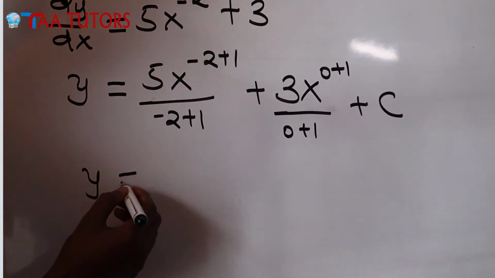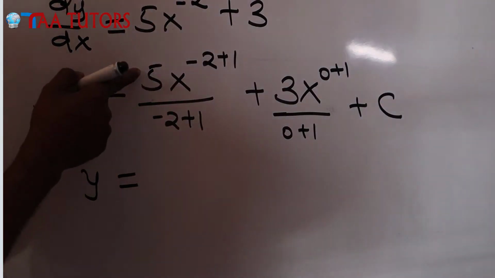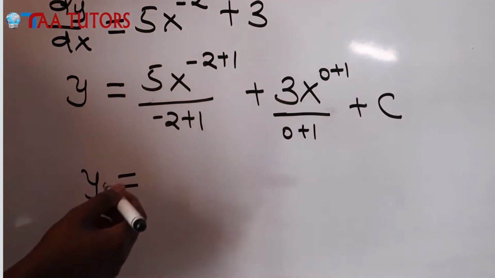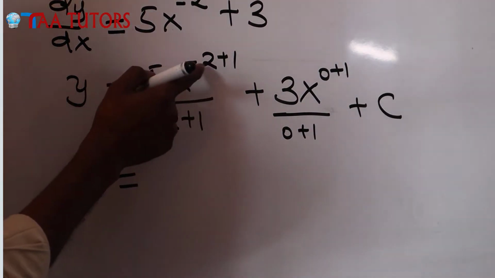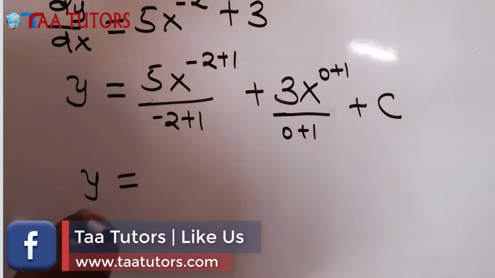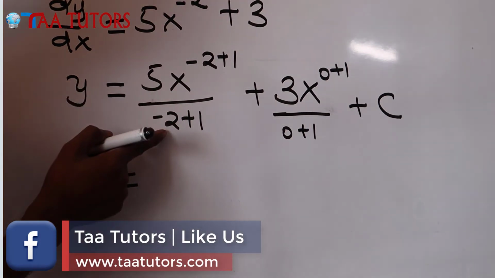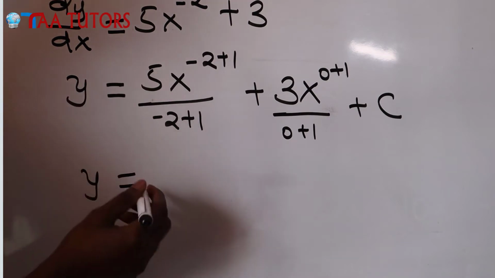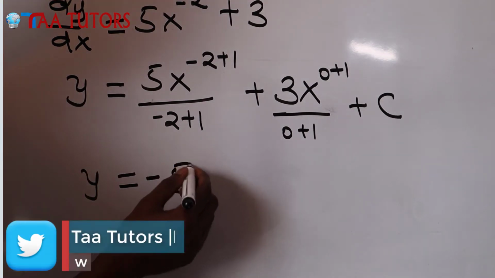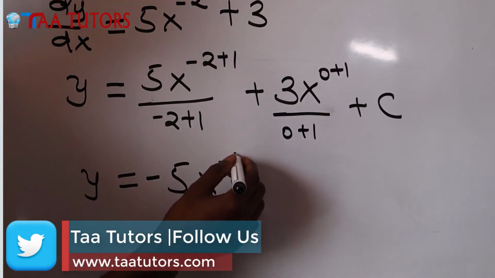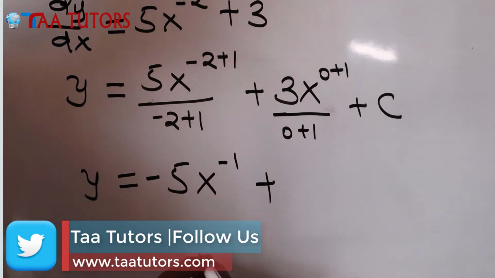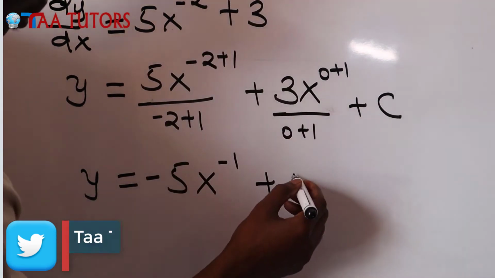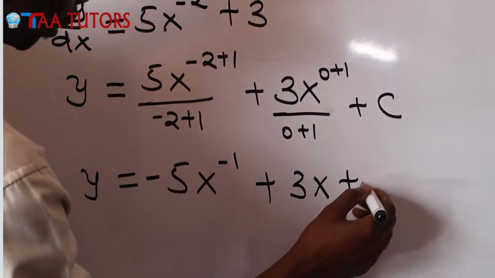So y will be, we know that negative 2 plus 1 is negative 1. So this is 5 over negative 1, so it's going to be negative 5x power negative 1 plus 3x plus c.